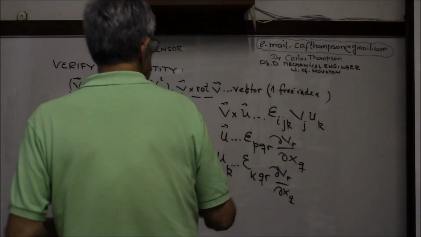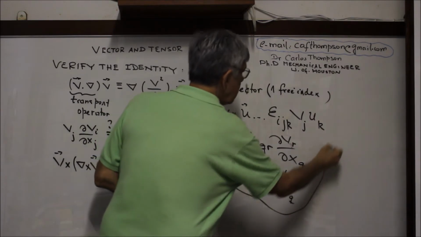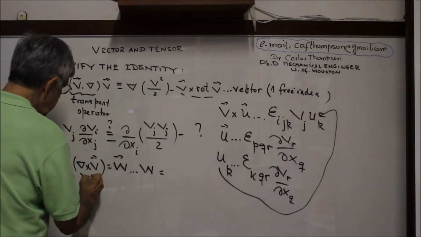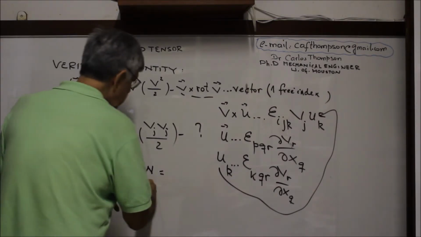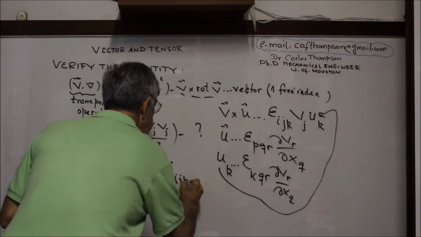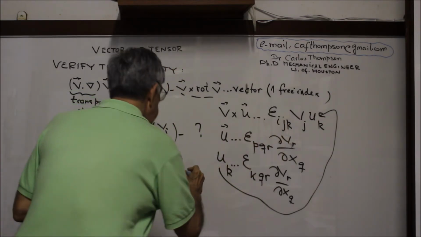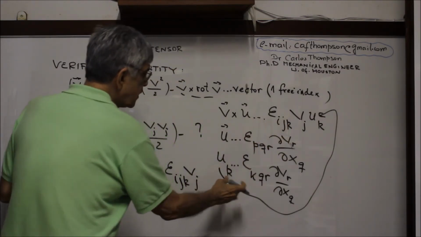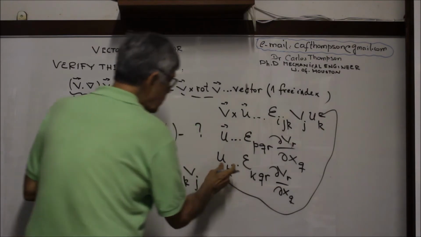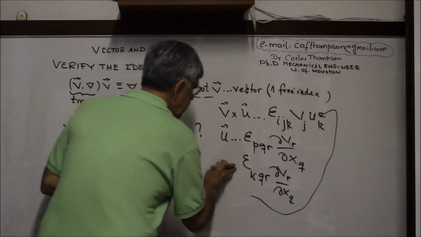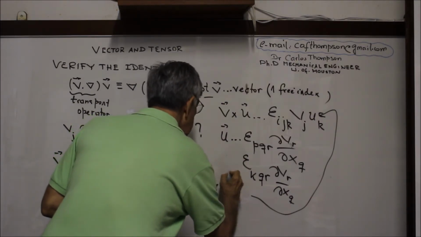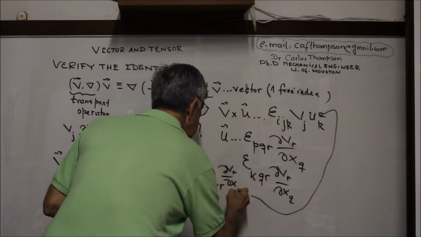So let's do it. I'll substitute UK there. So V cross U, I call W. So I repeat there, epsilon I J K, Vj, and now I'll substitute UK by this: epsilon K Q R partial of VR with respect to XQ.